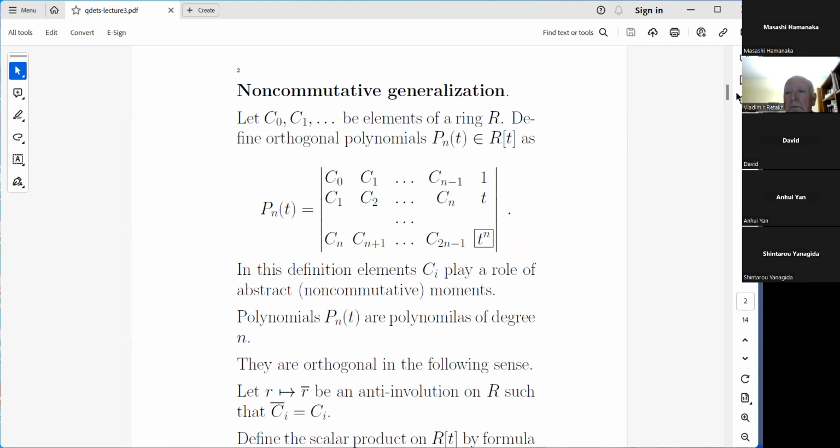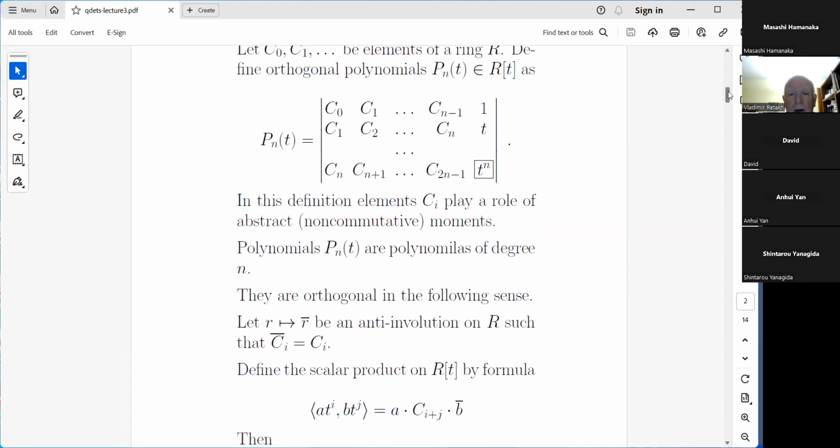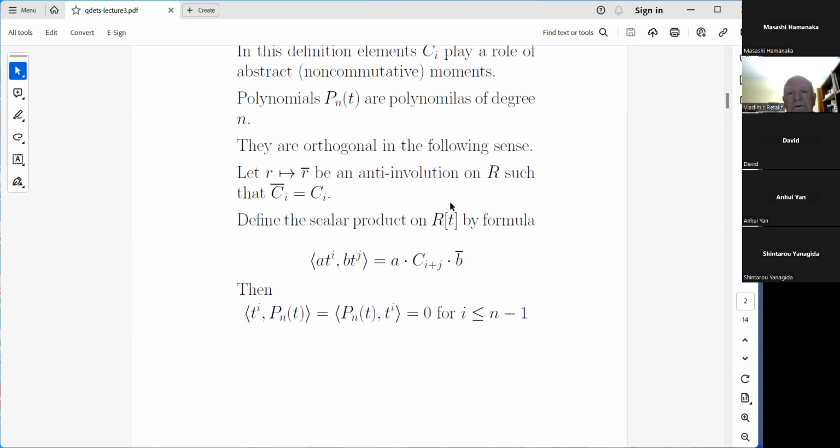Let me explain in what sense they are orthogonal. Suppose I have an anti-involution on my ring R, such that the involution of c, of the moments, are the moments themselves.